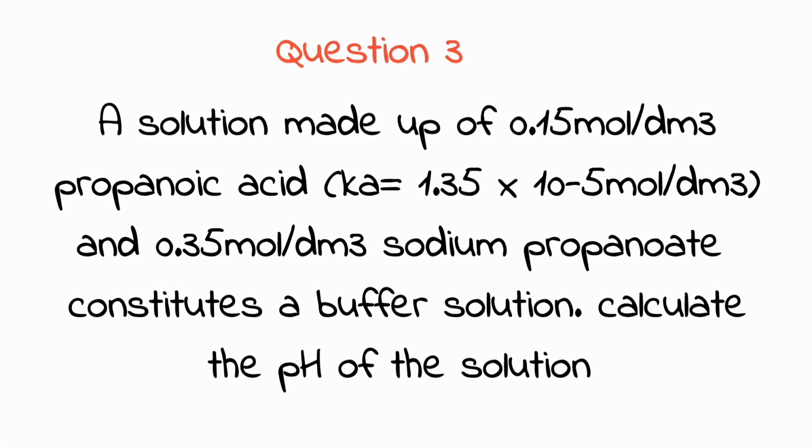The question reads, a solution made up of 0.1 mole per dm cube propanoic acid, the acid constant Ka is given as 1.35 times 10 to the negative 5 mole per dm cube, and 0.35 mole per dm cube sodium propanoate constitute a buffer solution. Calculate the pH of the solution.